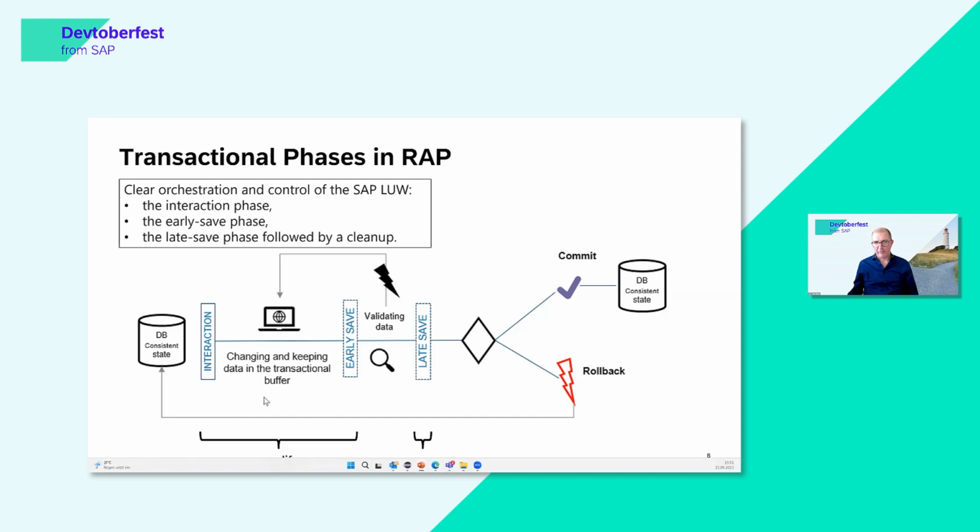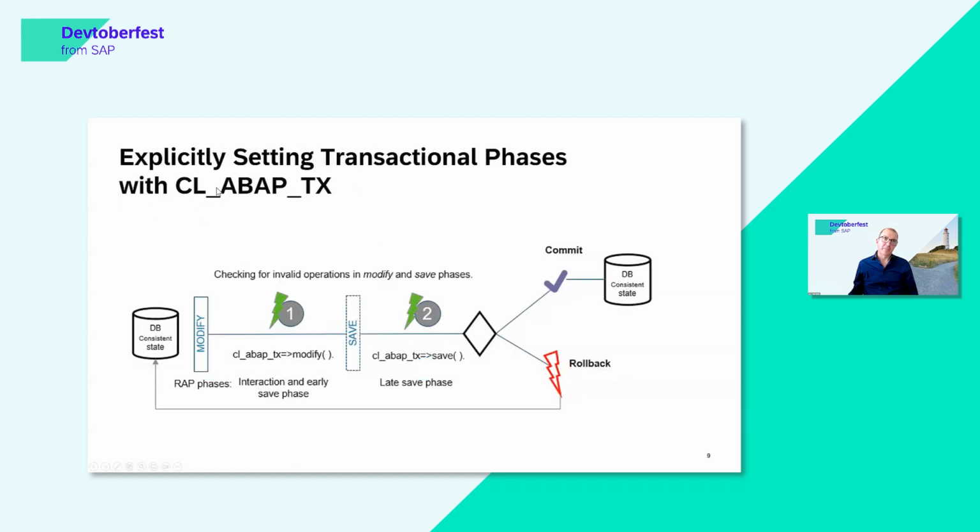So here again, you see there is this modify phase that spans the interaction in the early save phase, and the late save is really this save sequence. What we can do now is, if you write a class, for example, not a RAP BO, it is possible to explicitly set these transactional phases within a class that has been delivered by us, CL_ABAP_TX.